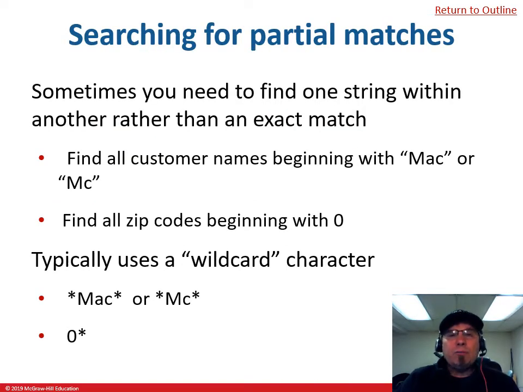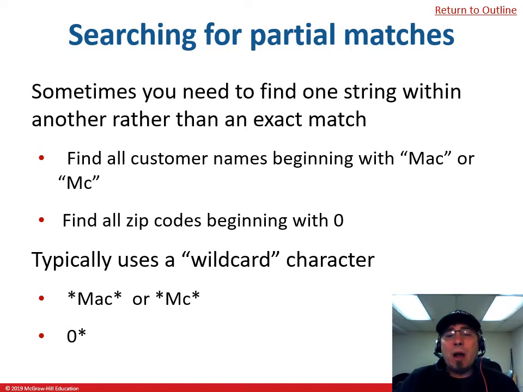You can also do partial pattern matching, which is really helpful with a lot of things. You'd be surprised how often you're going to want to use this. It just takes some practice because of the syntax of the SQL. You could do things like find all customers' names that begin with MAC or MC, McDonald. Find all the zip codes beginning with 0.